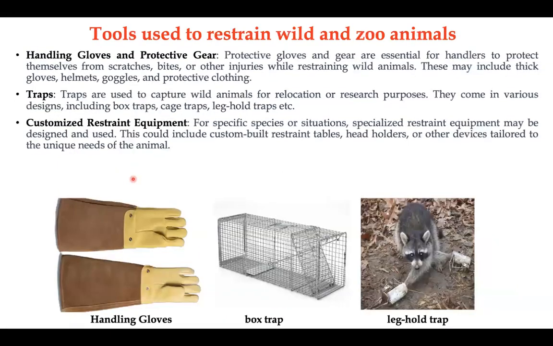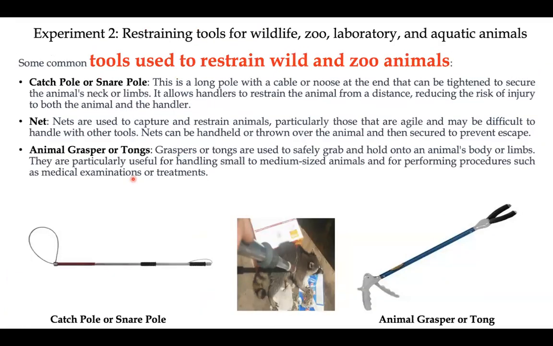So if we classify, although the title was restraining tools of wild, zoo, laboratory, and aquatic animals, until now we were talking about restraining tools of wild and zoo animals.